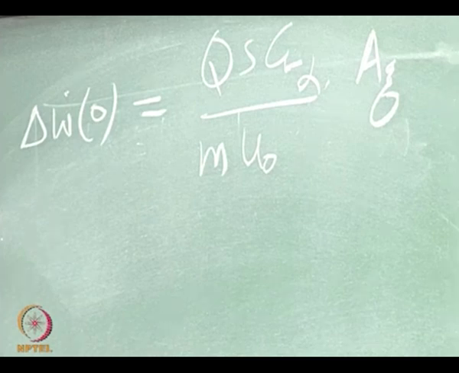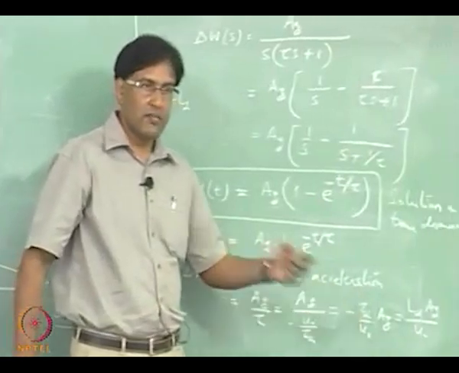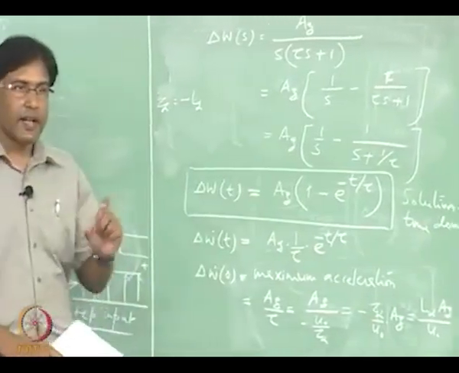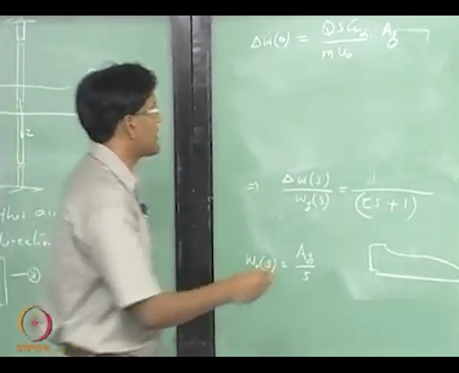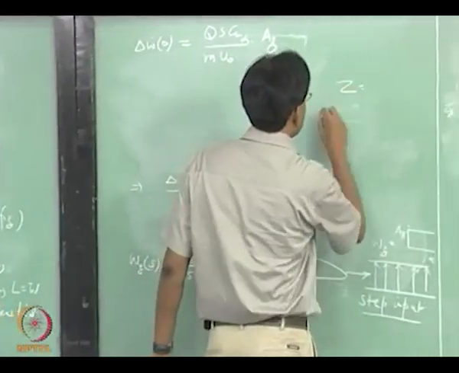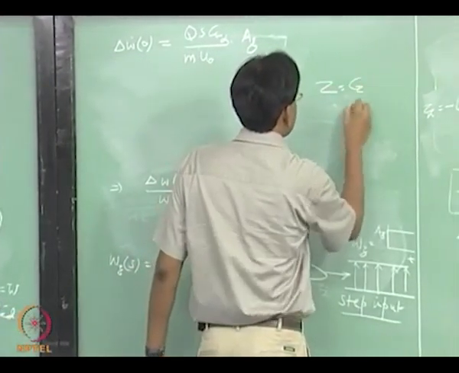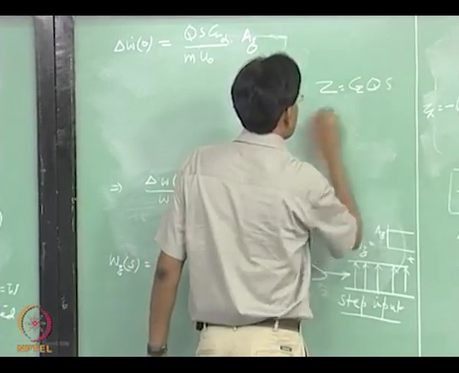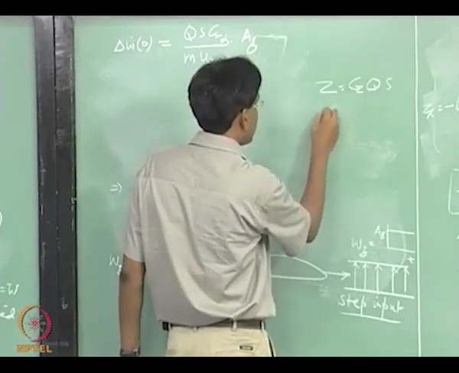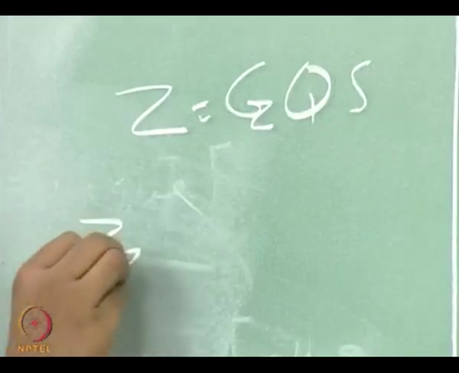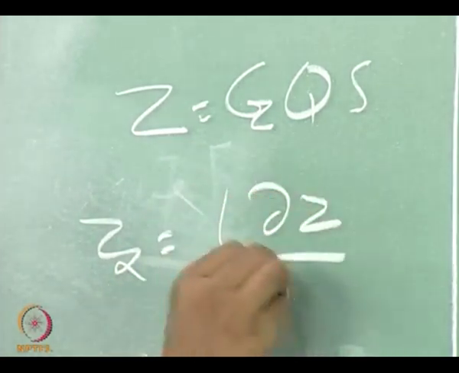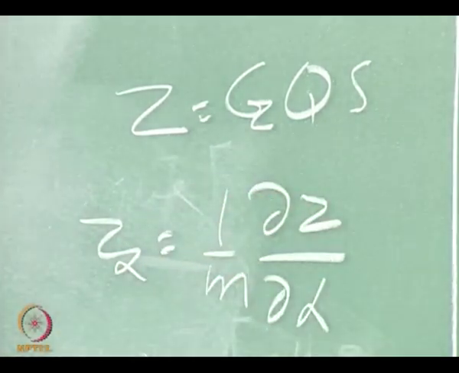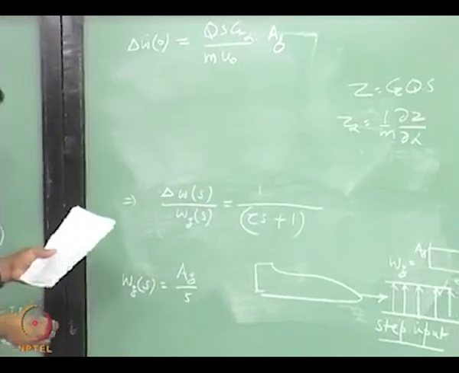Right, whenever we write Z alpha, we are taking m as the factor, right. We are dividing, so this Z is C z q into s. When we write Z alpha, we write it like this. That is where this m comes from.